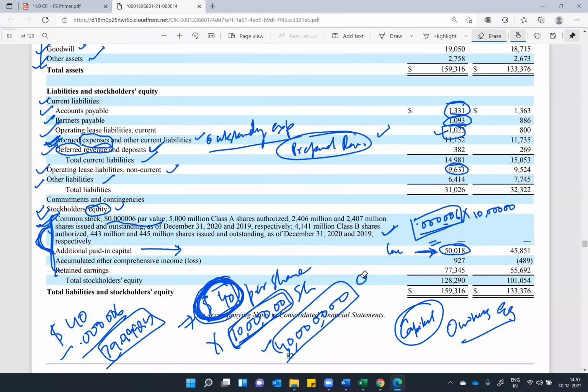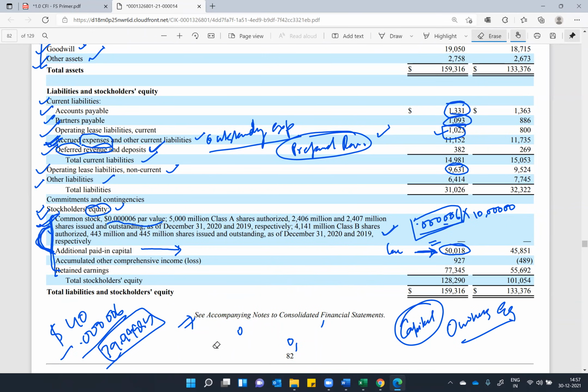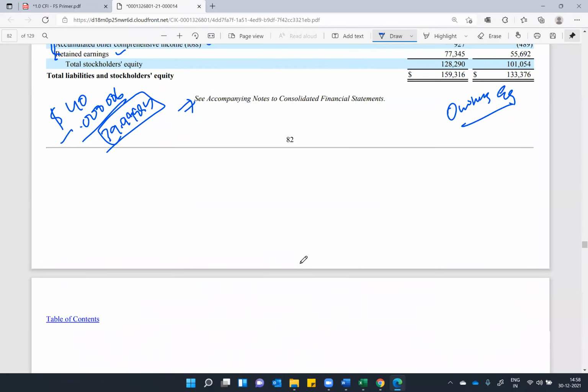Next is, so just give me a minute, let me clean it up a little bit. Next is, so I'll talk about AOCI a little later. The fourth one is your retained earnings. So what are retained earnings? It is the net income that you generate from the income statement, if you remember, we discussed this.